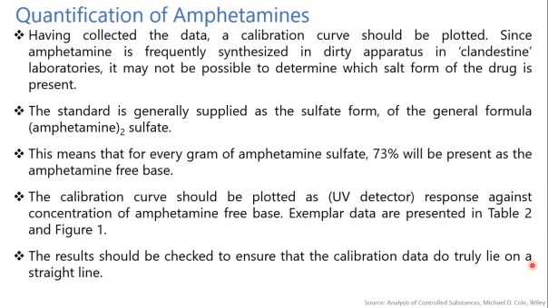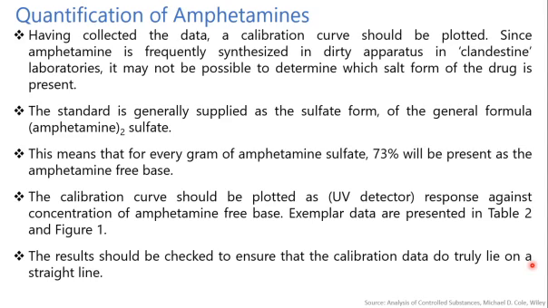Then, having collected the data, a calibration curve should be plotted. Since amphetamine is frequently synthesized in dirty apparatus in clandestine laboratories, it may not be possible to determine which salt form of the drug is present. The standard is generally supplied as the sulfate form, so we consider amphetamine sulfate.